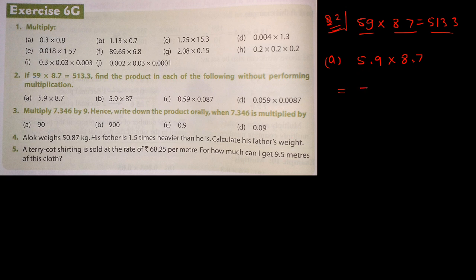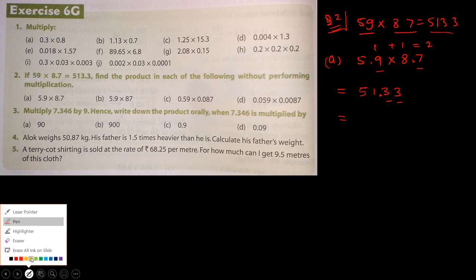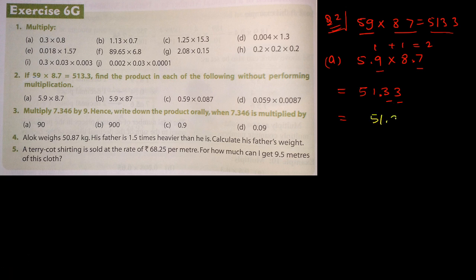So the answer will also be the same, 5133. But here we have a decimal after one digit, here also after one digit. So we will put the decimal after two digits, 1 plus 1, 2. So your answer will be 51.33. This is the answer of the A part.